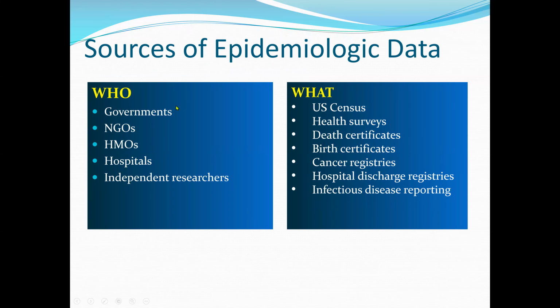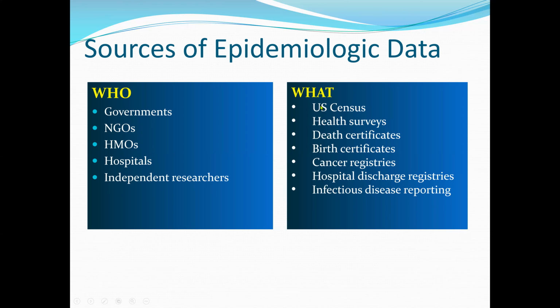Now, where can we get data? As an epidemiologist, you are more or less a data analyst. Most of the data we use in epidemiology is data related to diseases, public health data. So who can provide it? Governments have it, NGOs, hospitals, very good places, and independent researchers also.